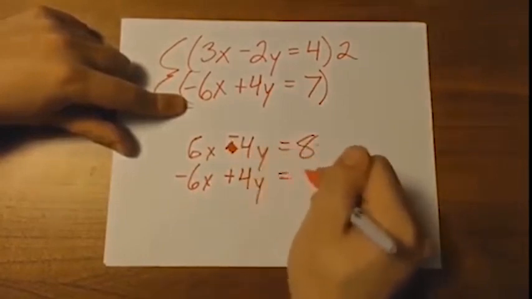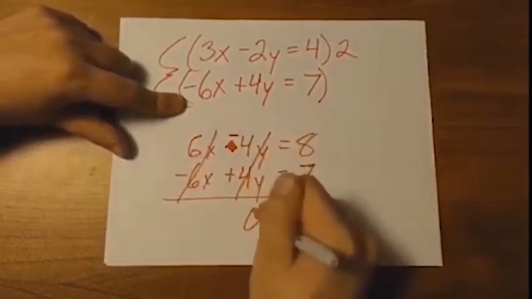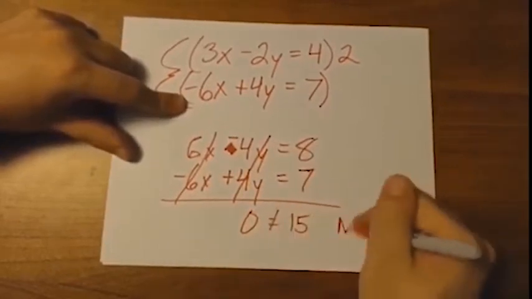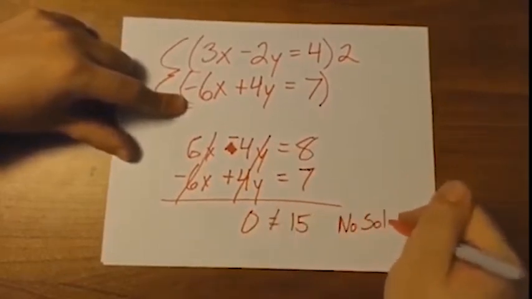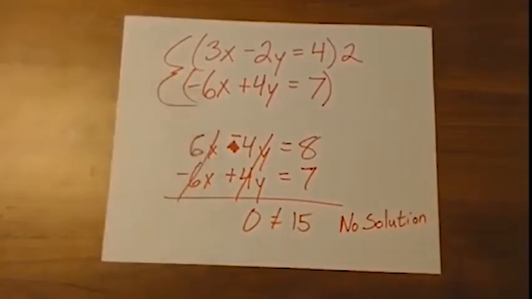If we leave the second one alone and add down, the x's cancel, the y's cancel, we get 0 equals 15, which is not true. So we get no solution. This is an inconsistent system because there is no solution.